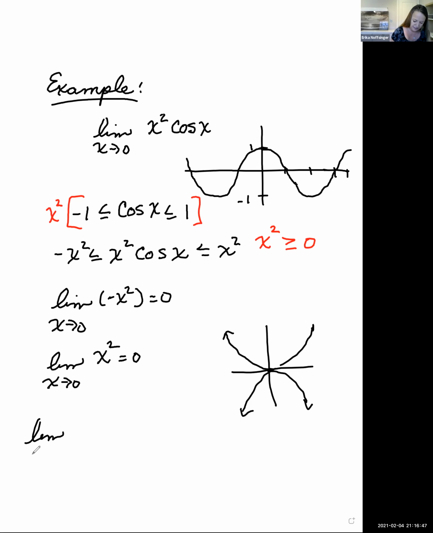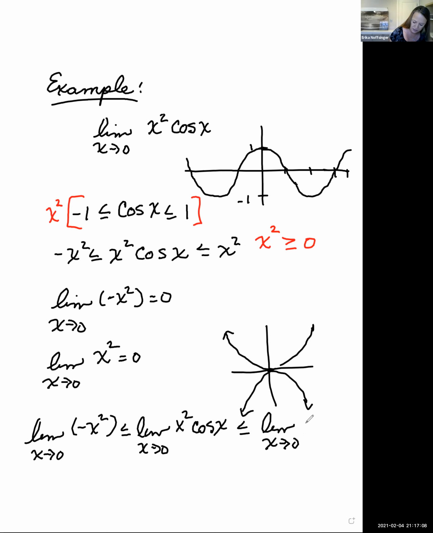So the limit as x approaches 0 of -x squared is less than or equal to the limit as x is approaching 0 of x squared cosine x, which is less than or equal to the limit as x is approaching 0 of x squared.